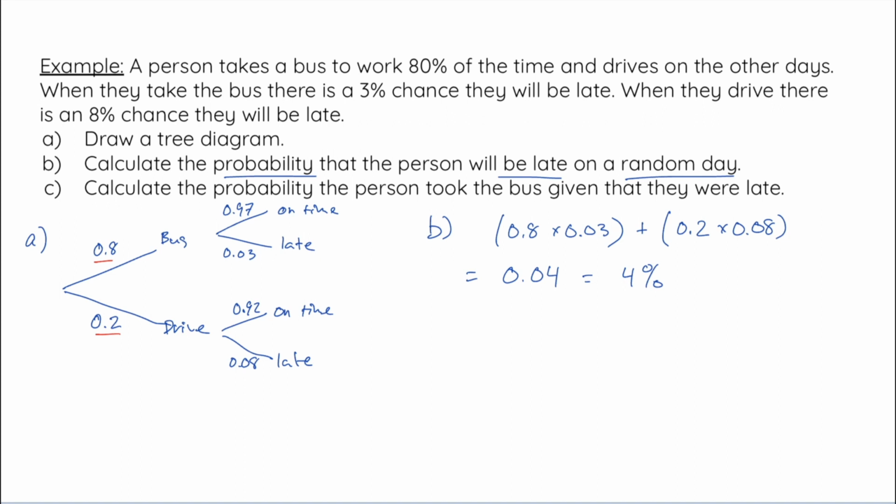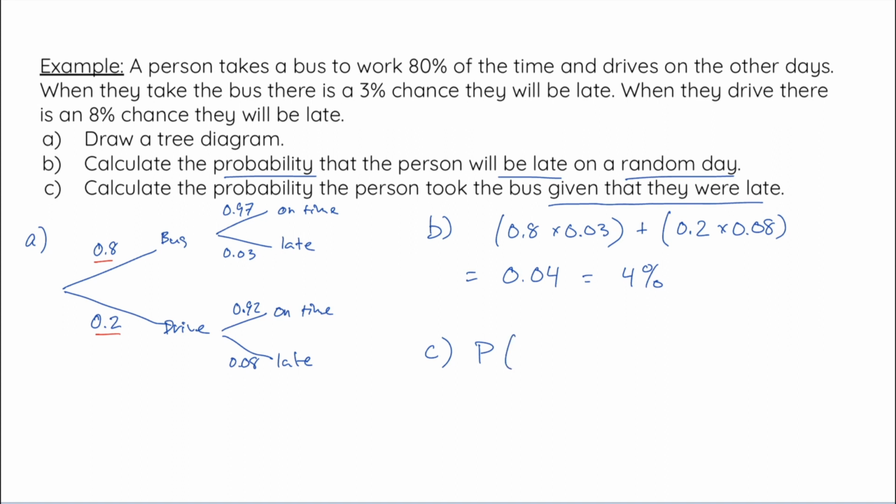This last question is a conditional probability question. So we know that they're late because it says this, given that they were late. So we know that they were late, and we want to determine what's the probability that they took the bus on that day. So this is a conditional probability.